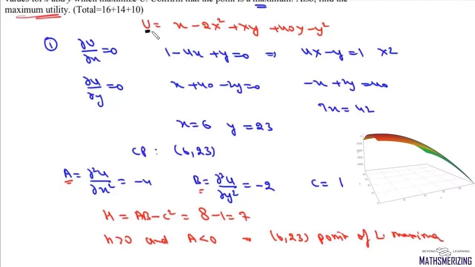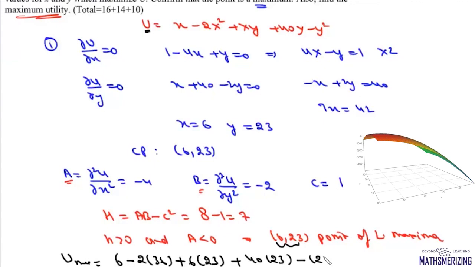Now we need to find its maximum utility. It simply means we have to find the maximum value of u, which we'll get when the value of x is 6 and the value of y is 23. So this maximum utility will be 6 minus 2 into 36 plus 6 into 23, plus 40 into 23 minus 23 square.